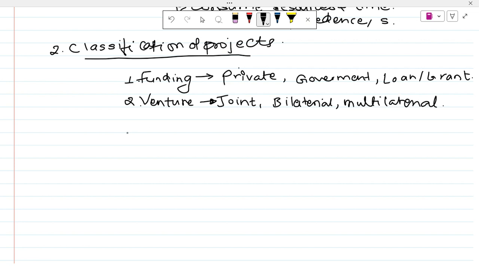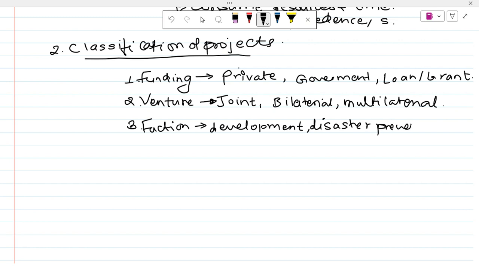Based on the function of the project, the project can be classified into development projects and disaster prevention projects. Building a hydropower plant is a development project. Building a road is a development project. Then there are disaster prevention projects.